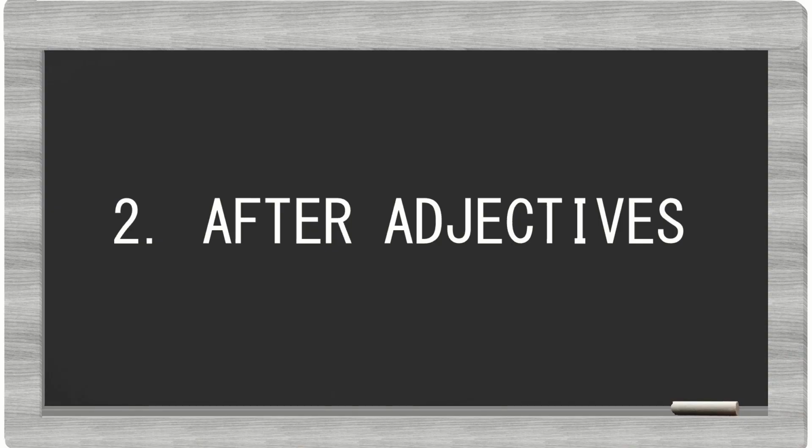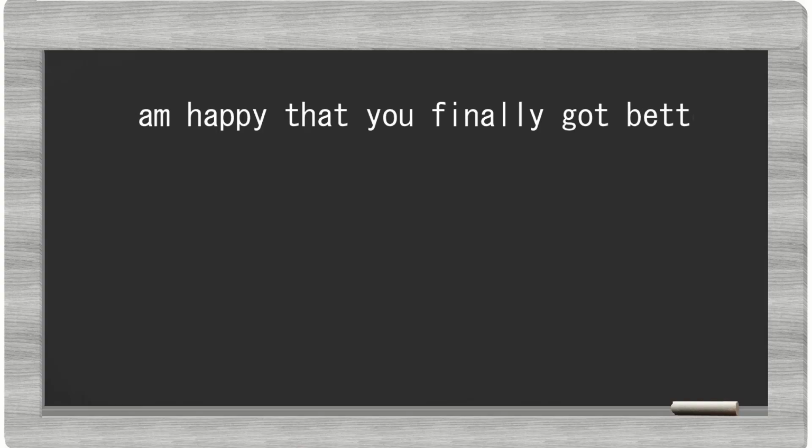Point number 2, after adjectives. Many times when that follows an adjective, we could omit it. Now, this doesn't happen all the time, but many times it happens with emotions, with feelings. For example, I'm happy that you finally got better. We can say, I'm happy you finally got better.